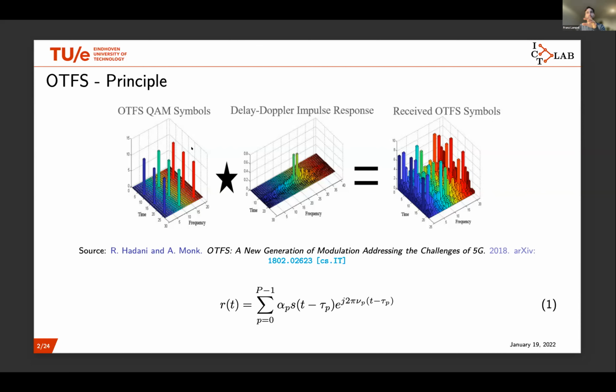So unlike what is presented here, that there are only few symbols defined, usually you define the entire grid, and you will see that there is a lot of inter-symbol interference in the delay Doppler domain at the receiver. And usually you do some message passing algorithms to do the symbol detection. But this is not the point of my talk today. I will talk more on the signal perspective of OTFS.